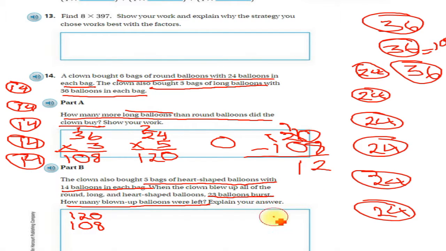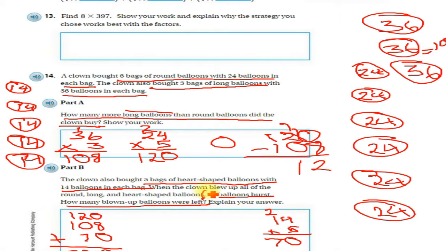So I'm going to come over here and do 14 times 5. 5 times 4 is 20, which we did earlier. 5 times 1 is 5, plus 2 is 7, so that's 70. Okay, and I'm going to add all those up, because what I need to know first is how many total balloons. Before I can find out how many are left, let's find out how many he started with. So 8 in the ones place, a 9 in the tens place, and a 2 in the hundreds place.